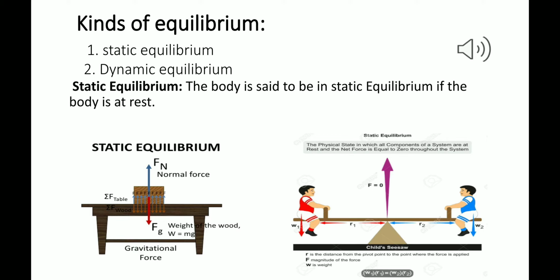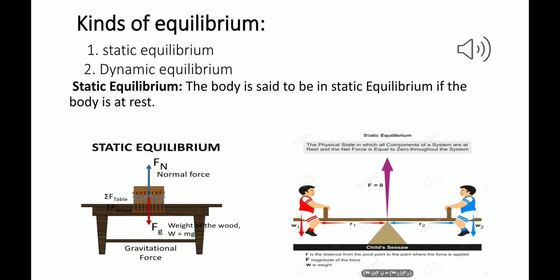One is state of rest and one is state of motion. So when the body is in state of rest and equilibrium, such kind of equilibrium is known as static equilibrium. When the body is at rest, it is not moving. So in that case, it is known as static equilibrium.